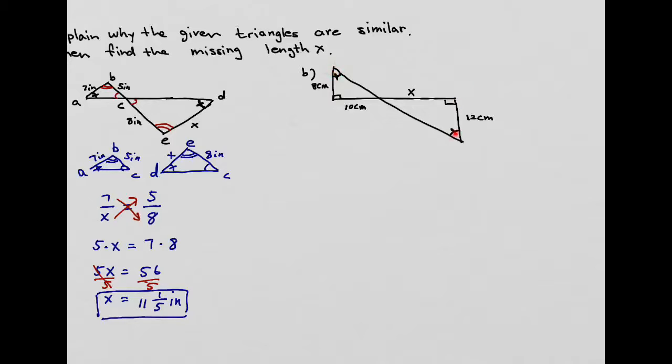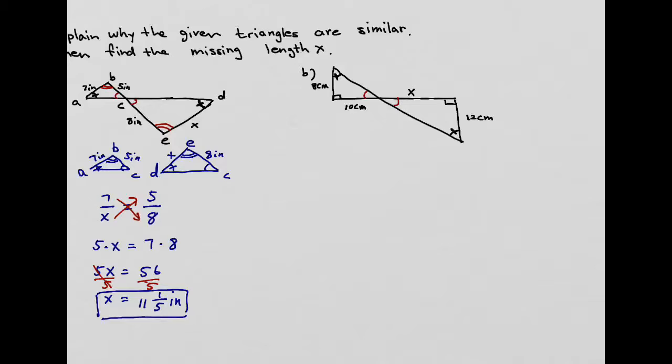These two have the same angle notation, so these two are equal. And that means the leftover will also be equal. And we know that's equal because it's a vertical angle too, right? So those two angles are equal. So we know these two triangles are going to be similar.